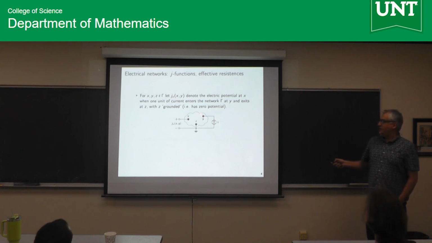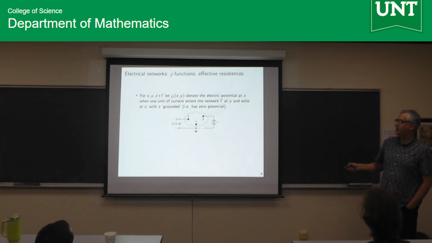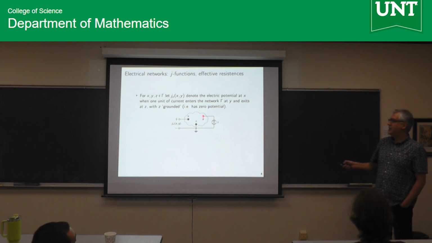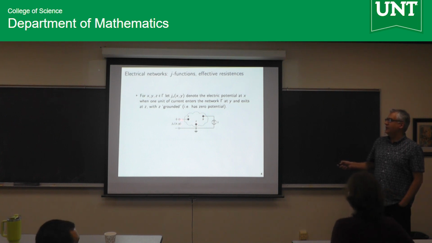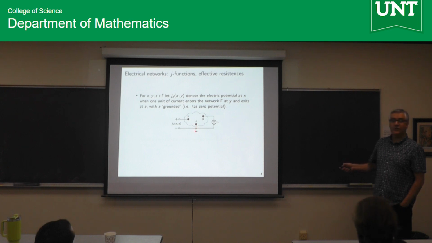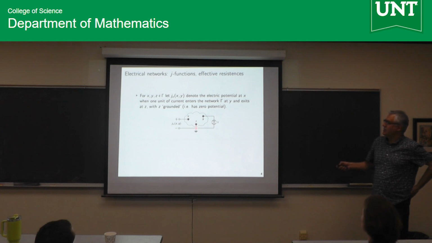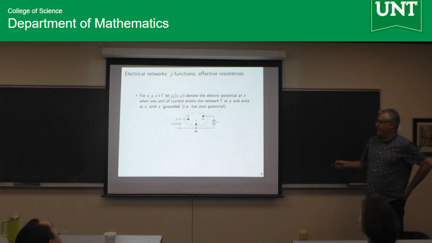I connect it to a point. This cloud is some kind of electrical network or metric graph. I connect this battery across Z and Y, and then I go around and compute the potential difference between X and Z for various X's. So in other words, I'm thinking of Z being the zero potential. Potential is well defined up to a constant, so another way is to think of always potential differences.